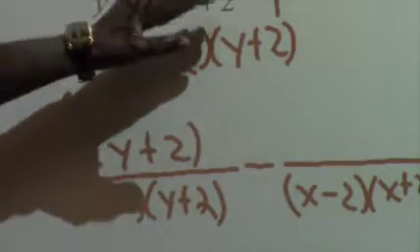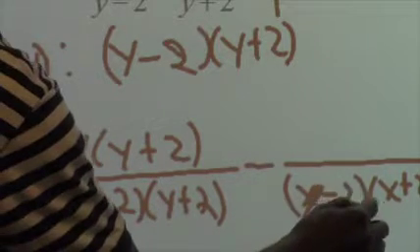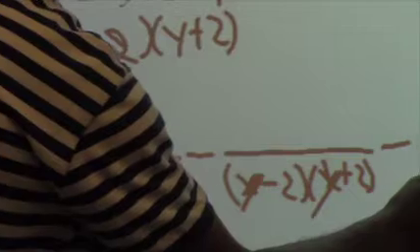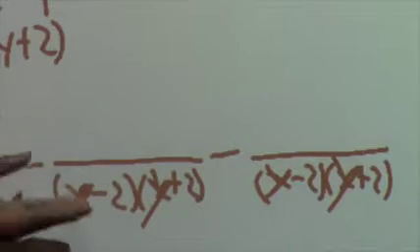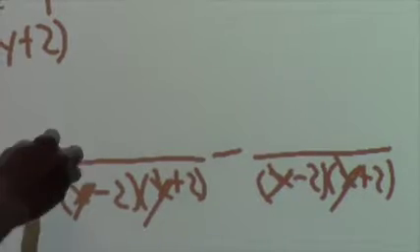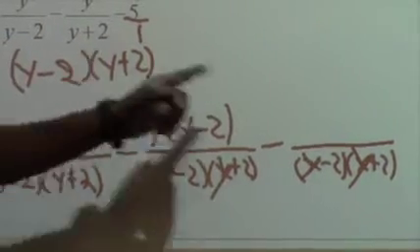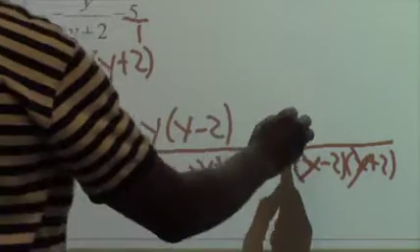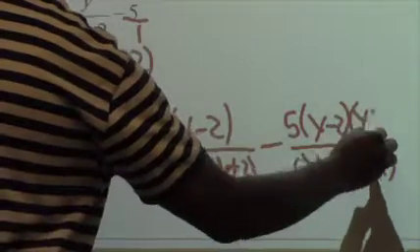And then for here, y plus 2 will cancel with y plus 2. I'm sorry, I used x instead of y. These are all y's. So the y plus 2 and the y plus 2 will cancel. I'll be left with that. So I'll have y times y minus 2. And for this, if I divide 1 into that, I'm going to be just having the same thing. Y minus 2, y plus 2.